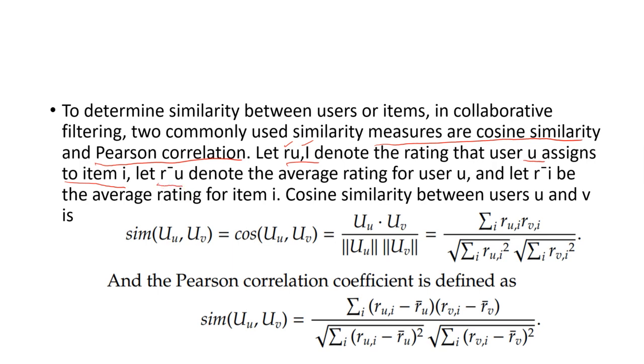Similarly, R bar U denotes the average rating for user U, and R bar I denotes the average rating for item I.